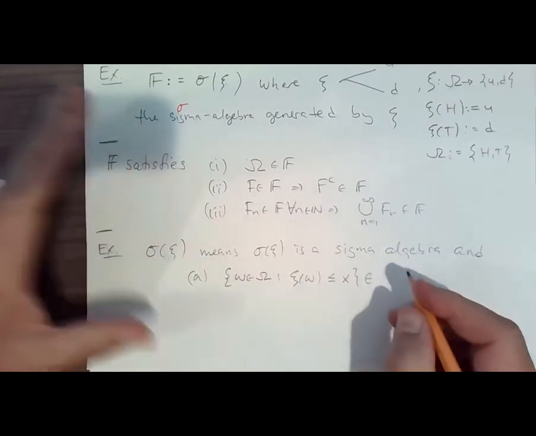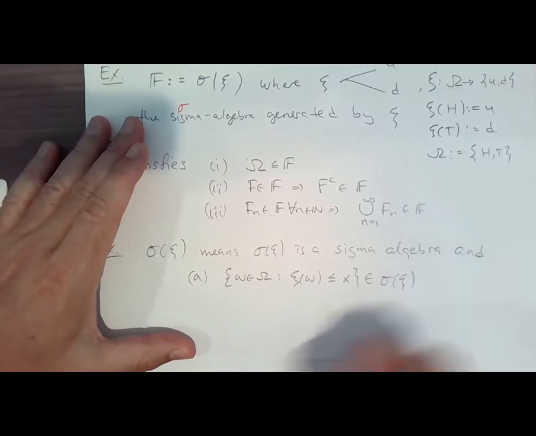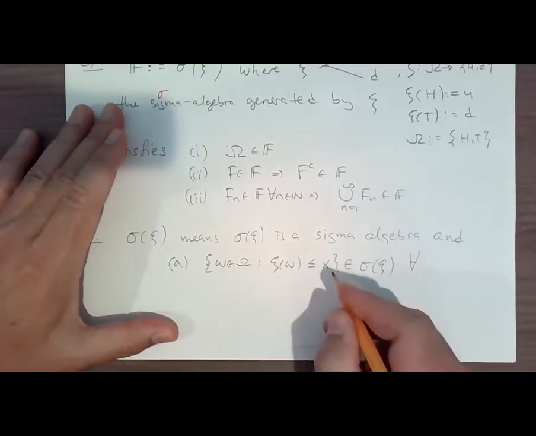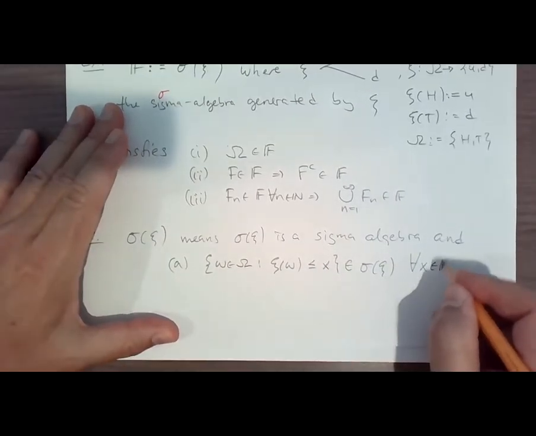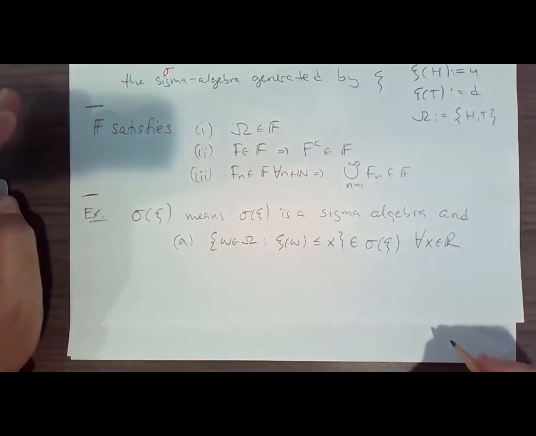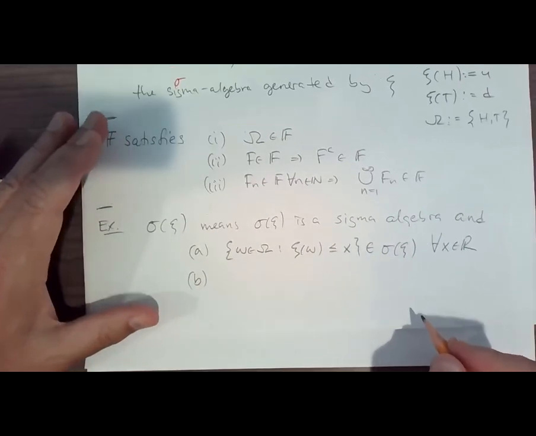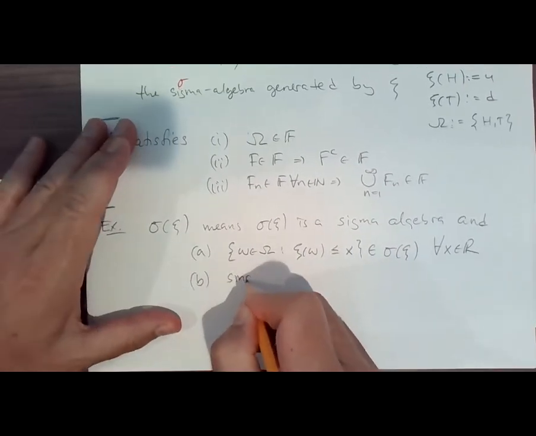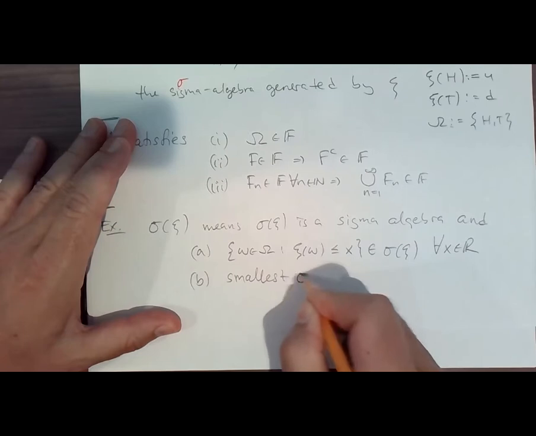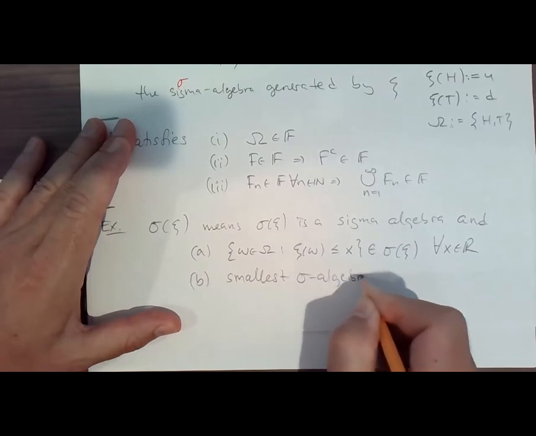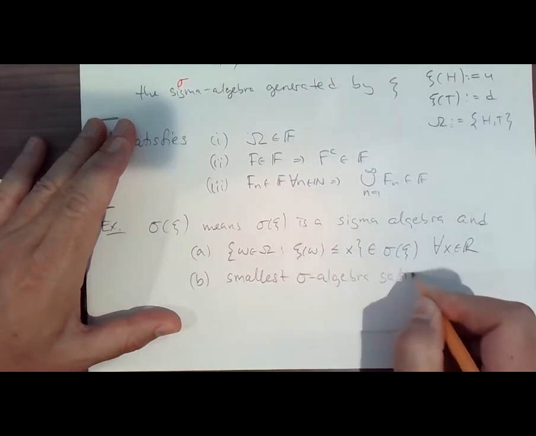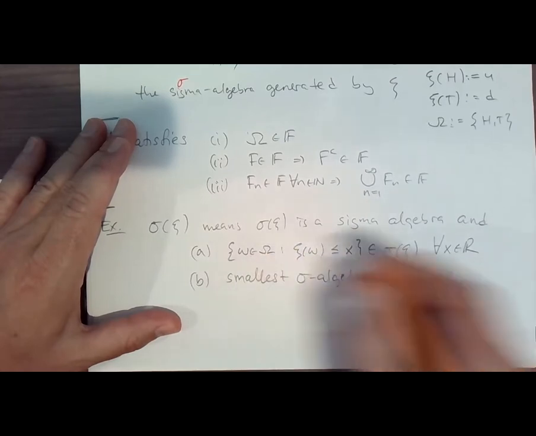This is a set inside the sigma algebra for any point x in R. And then B, it's the smallest sigma algebra satisfying A.